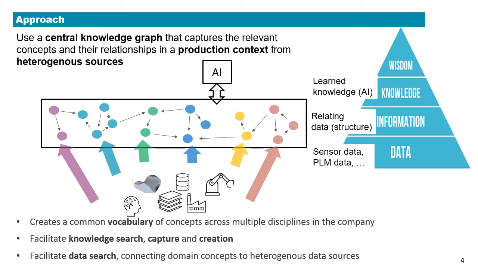This knowledge graph should facilitate a connection between these different heterogeneous sources and create a common vocabulary among all of the concepts, facilitate knowledge search, capture, and creation, and crucially here, connect these different heterogeneous data sources to facilitate data search.